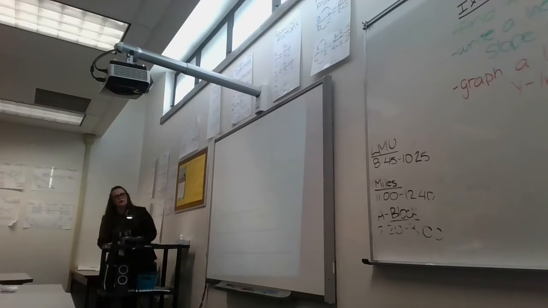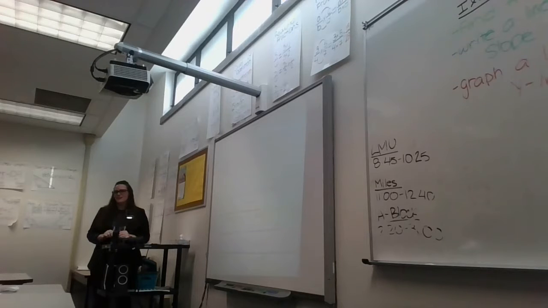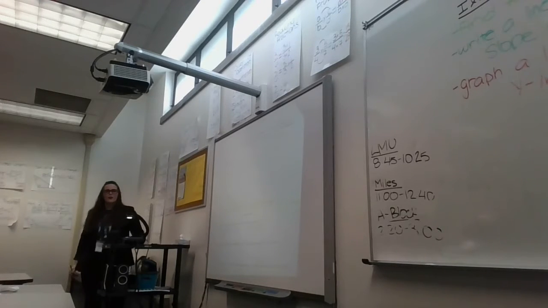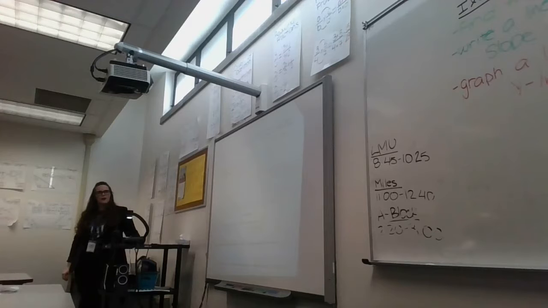What is the rate of change in the context of this problem? Be very careful. We need some volunteers. I'm going to start calling. Alessandra, what is our slope for this problem?